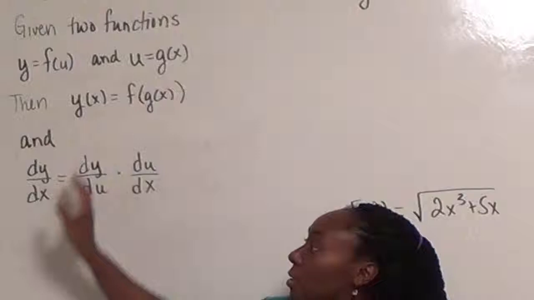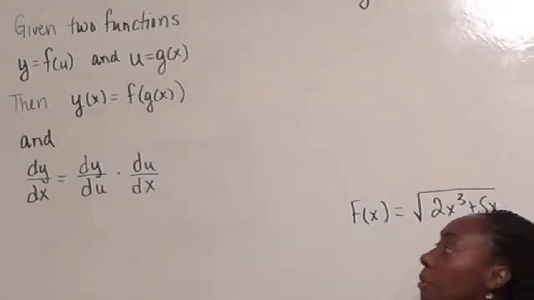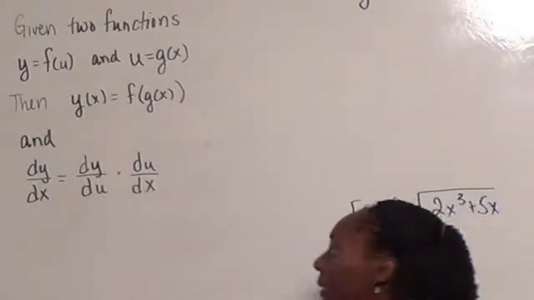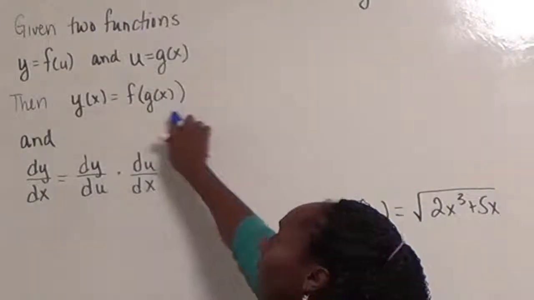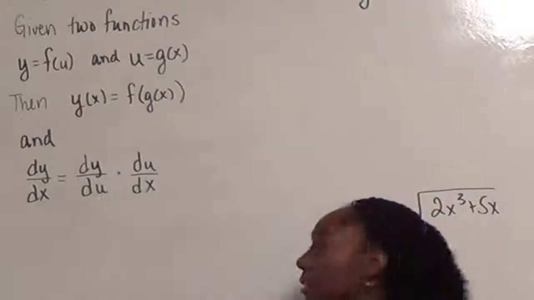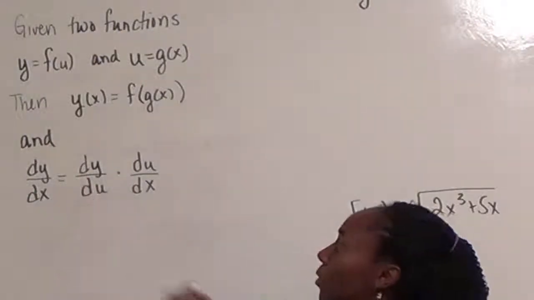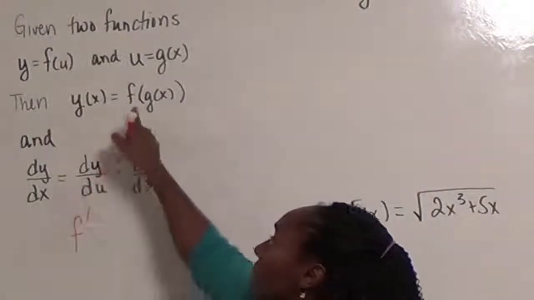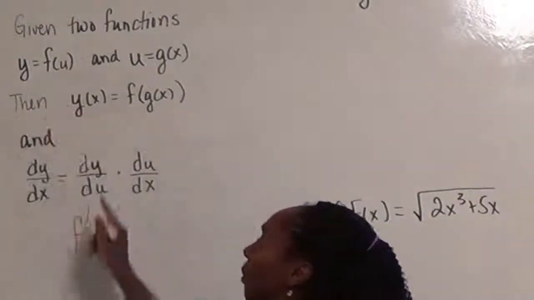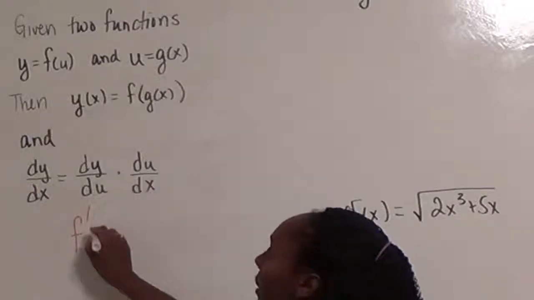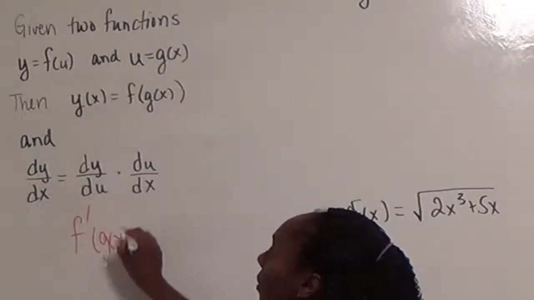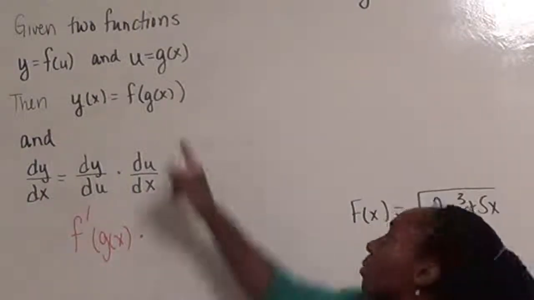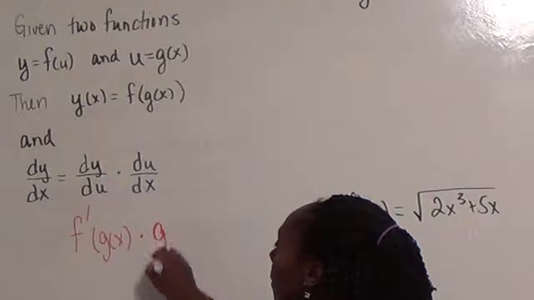Now, looking at this, it almost looks like a product rule, but it really is what we consider a general power rule. Another way to think of this is, if I think in terms of the composition here, derivative of y with respect to u is saying I'm looking at an f prime, so the derivative of the f, with respect to u, which is g of x, times the derivative of u with respect to x, which is g prime of x.